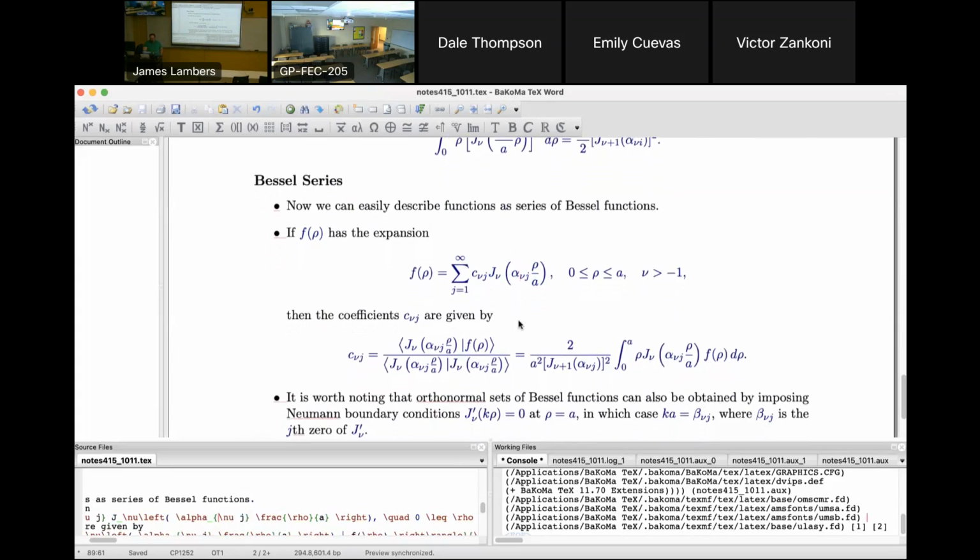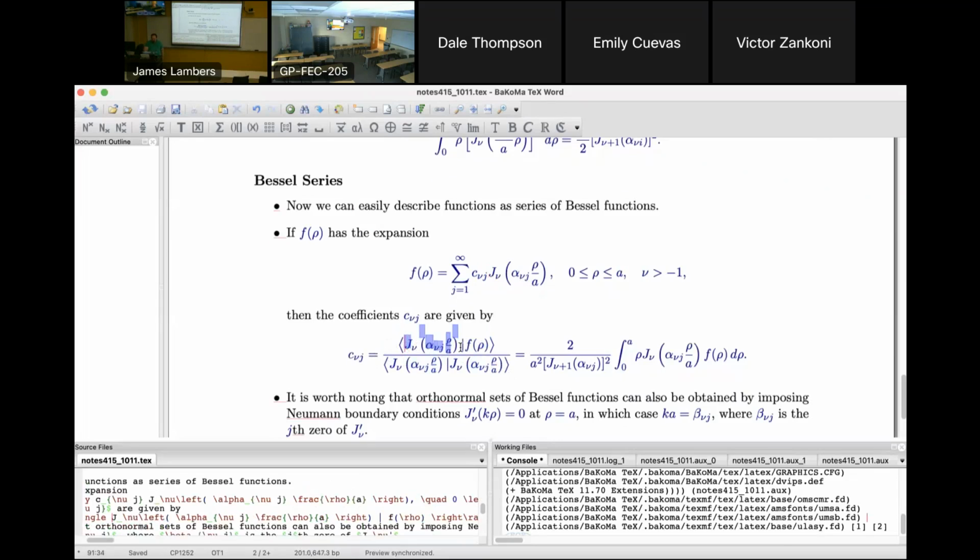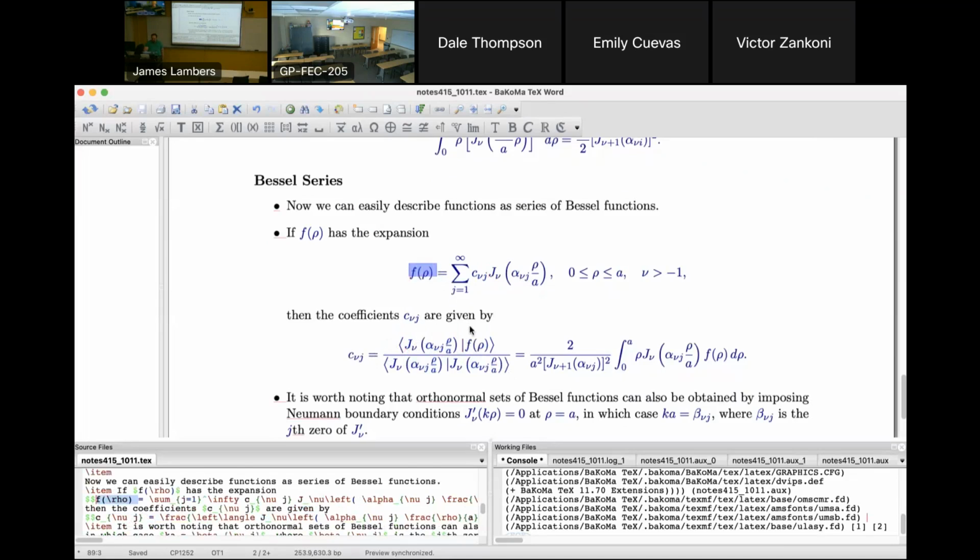Okay. So how do we get these coefficients? When you have functions that are orthogonal but not orthonormal, this is the standard formula: the coefficient of your expansion is a scalar product of your orthogonal function with the function you're trying to expand, that's always the numerator, and then the denominator is the scalar product of that same orthogonal function with itself.